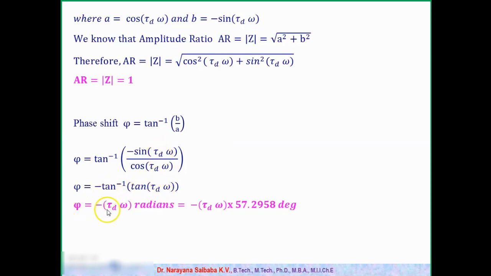So the phi value is minus tau d omega. Omega is always in radians, so phi is also obtained in radians. But in a Bode diagram, we have to write phi in degrees. To convert radians into degrees, we use the conversion factor 57.2958. So we have phi equal to minus tau d omega into 57.2958 degrees.